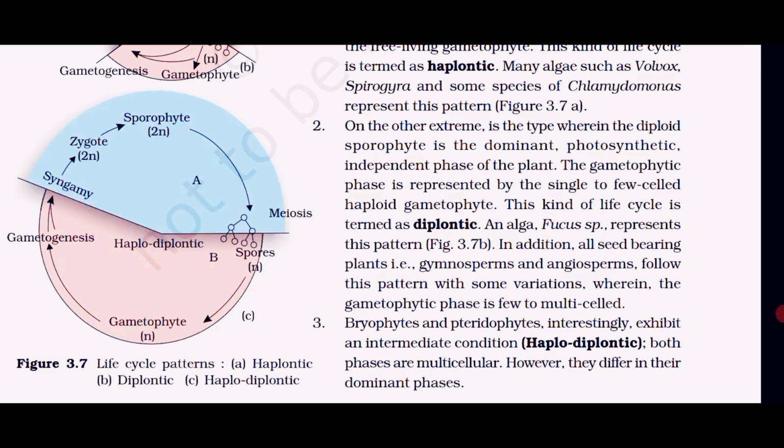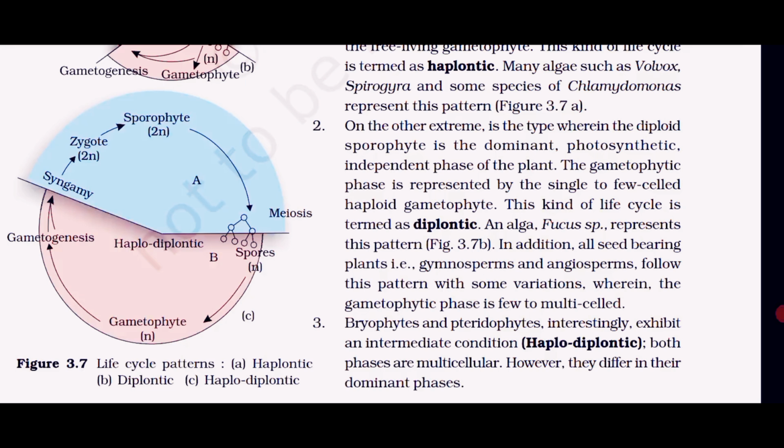This kind of life cycle is termed diplontic, and the alga Fucus sp. represents this pattern. In addition, all seed-bearing plants, that is gymnosperms and angiosperms, follow this pattern with some variation wherein the gametophytic phase is few to multi-celled.